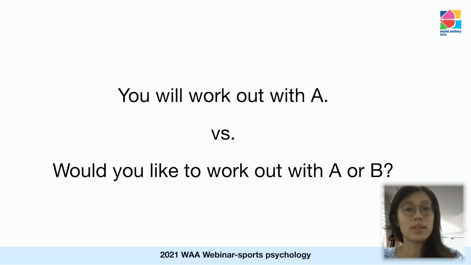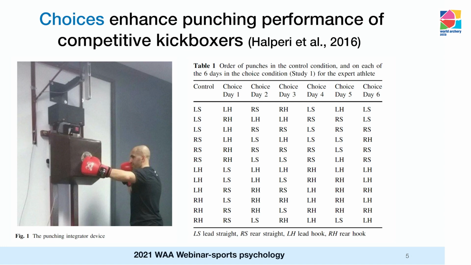And does that make a difference? Okay, in this study, a world champion kickboxer was examined. In this study, he was asked to perform some punches in his training, and there are two different conditions.